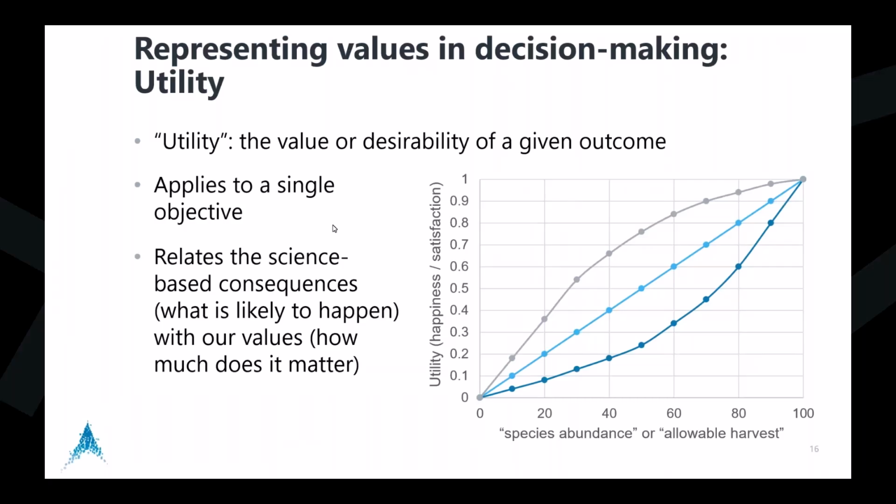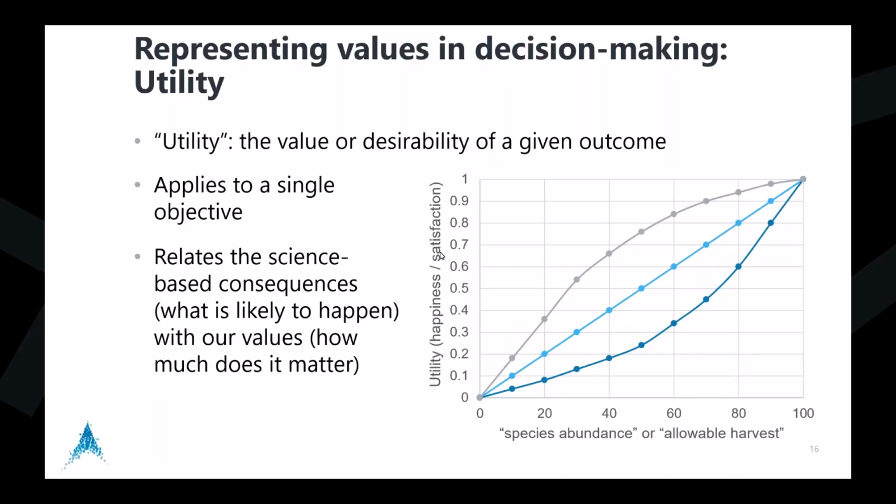For utility, in terms of adaptive management, utility means the value or desirability of a given outcome. It's a really crucial and interesting component because it links what is going to happen, the science-based component of the model, like maybe species abundance, with how happy we are, the values-based component.